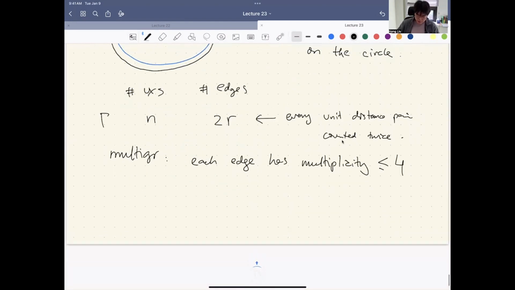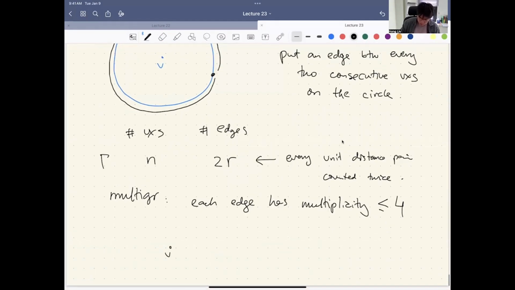So the worst case is you have V, right? V is only involved in 2 unit distances, so 2 points on a unit circle. You have an edge here, multiplicity 1. You have an edge here, multiplicity 2, right?